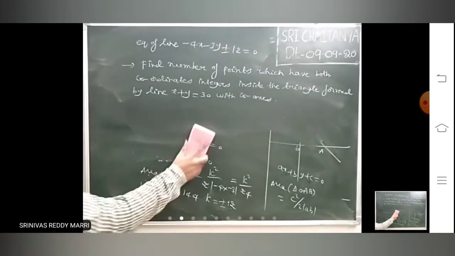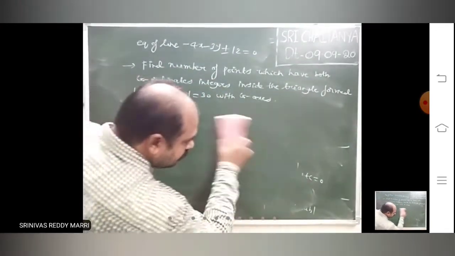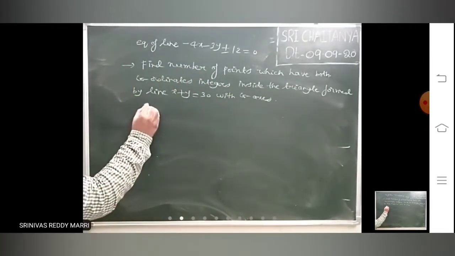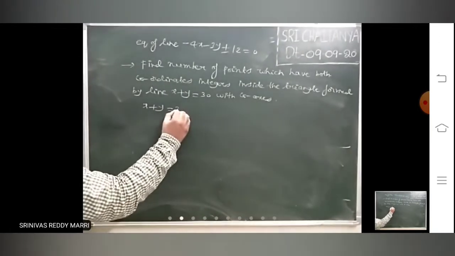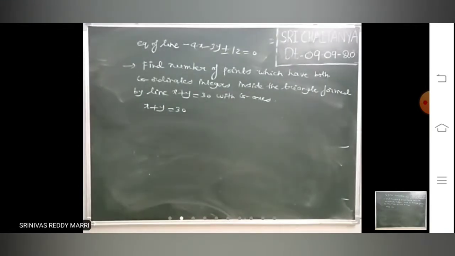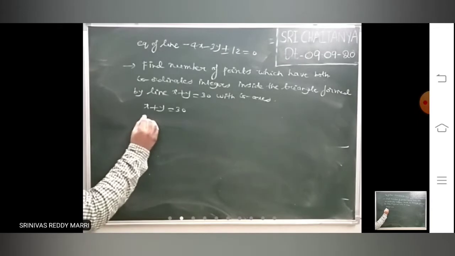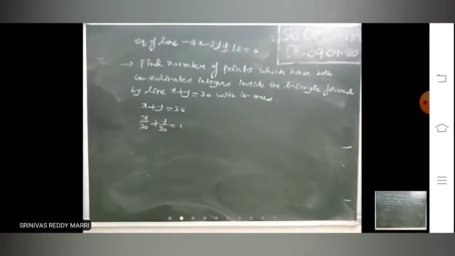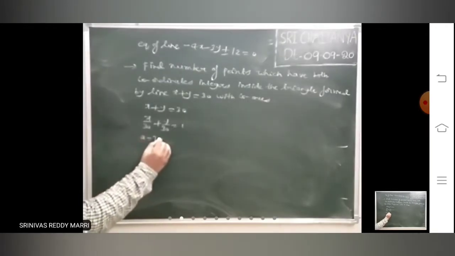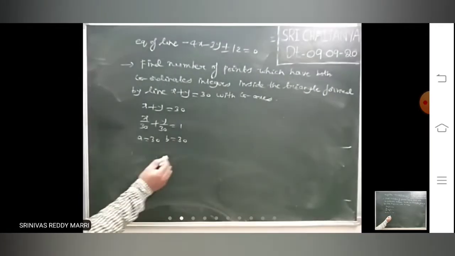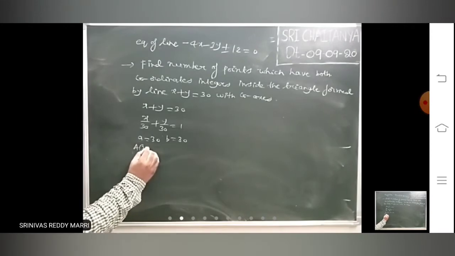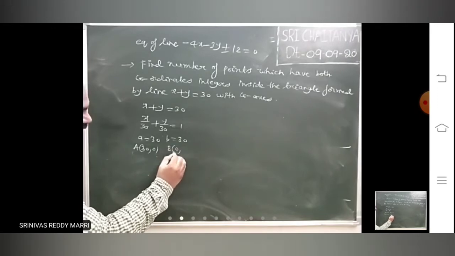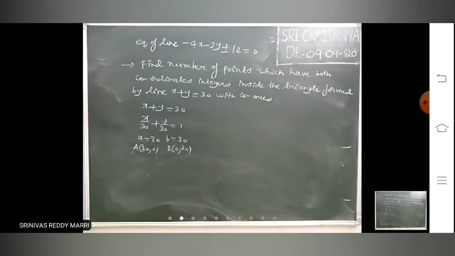Look at this. With coordinate axis, now I want to plot this line. Convert into intercept form. Now A is 30, B is 30. That means it intersects the x-axis at (a, 0) and the y-axis at (0, 30).